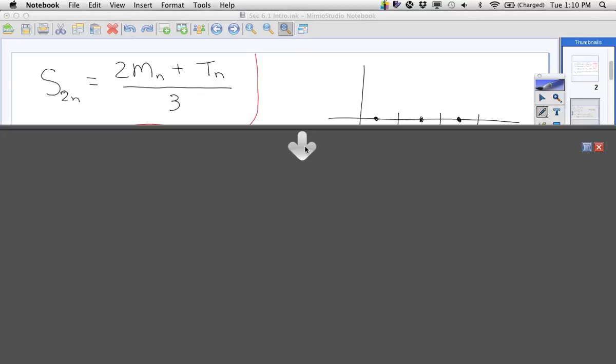So this is called a weighted average. So we're going to take two of the midpoints, because they have half the error. So we take two of those, and let's say it's under, and then add that to the trapezoid, which is over, and then divide by 3. Right? So it's a weighted average. This should give us a pretty good approximation. That's called Simpson's rule. Now, here's the thing. If you do an M3 with a T3 and do this weighted average, that's actually an S6.